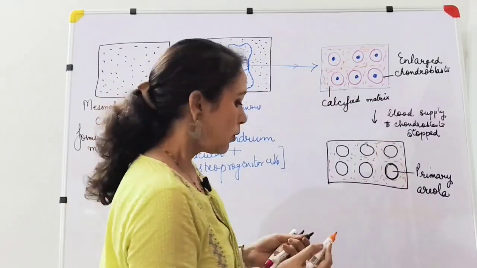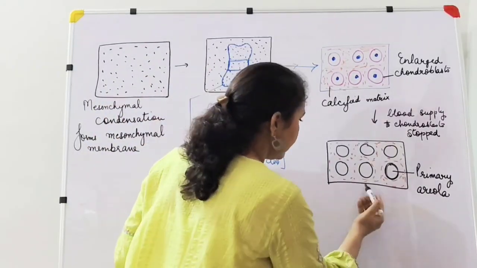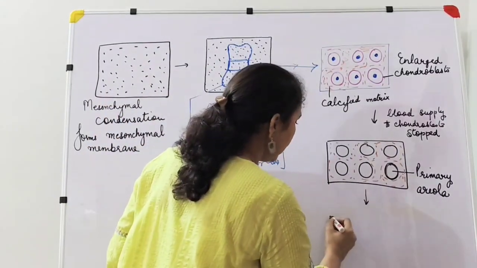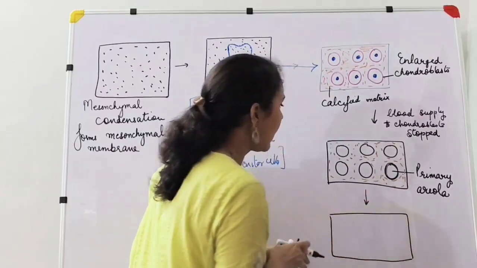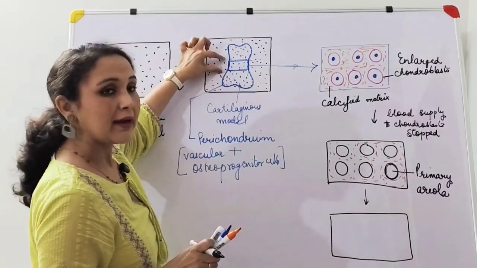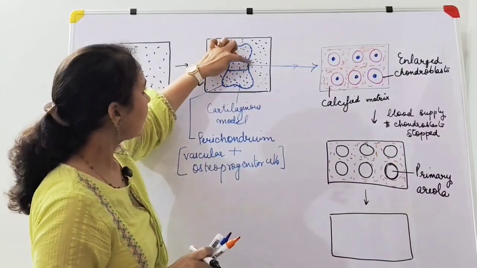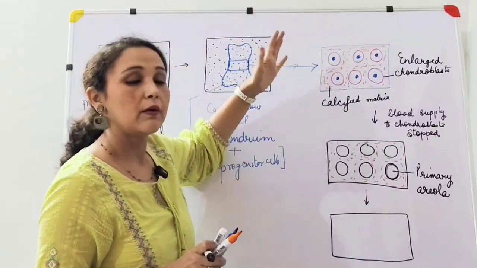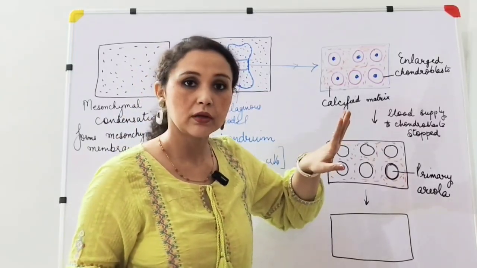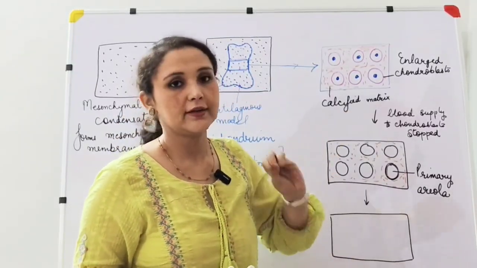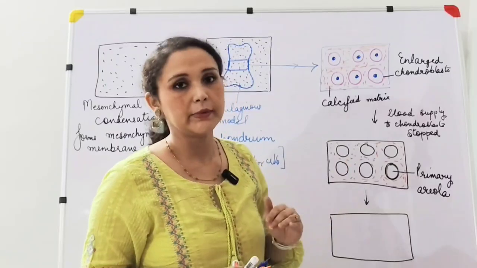Now, what will happen in the next step? Coming back to this part, this cartilage is covered by perichondrium, and I told you the perichondrium is very vascular and it has osteoprogenitor cells. Now that will come into action.